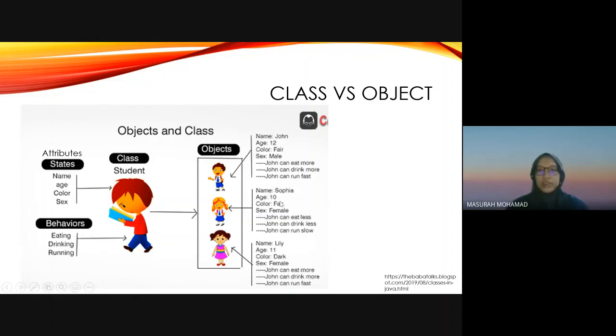So in this example, we can see there are three different kinds of students, which are John, Sophia, and also Lily. Each of these students has different attributes and behaviors, but all together they are categorized as a student class.